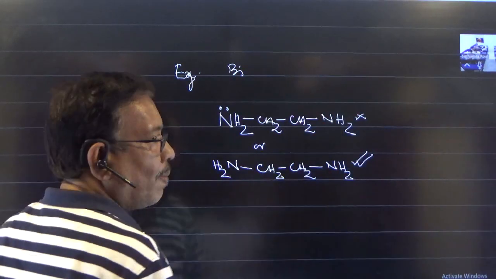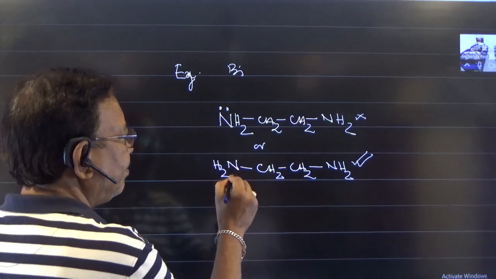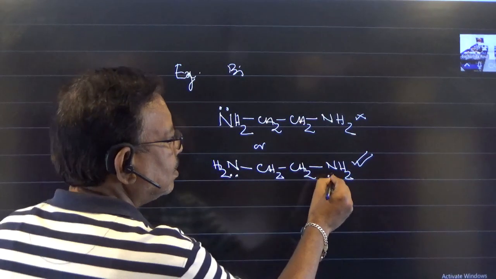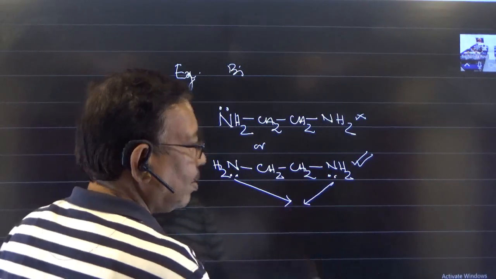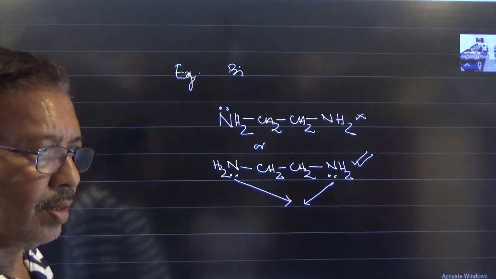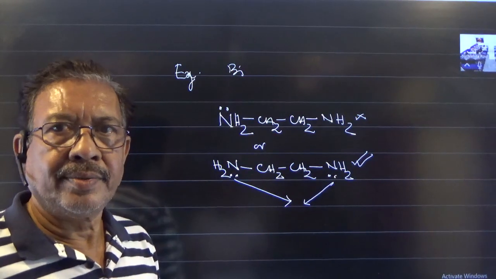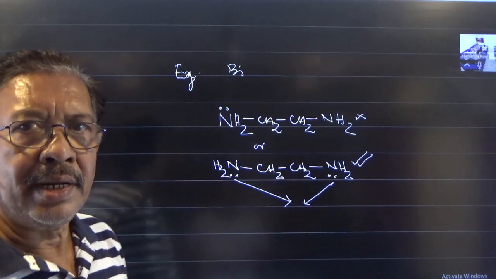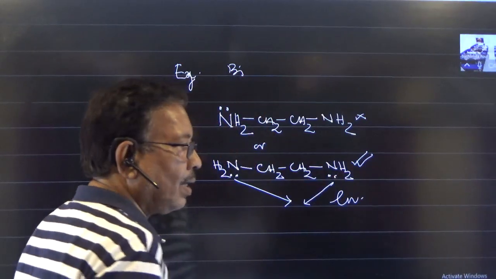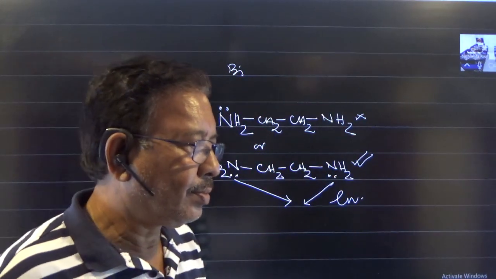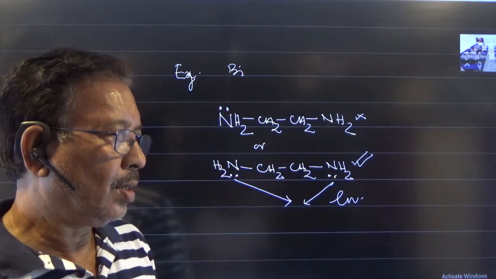The first one is the wrong method of writing, because N is connected to the carbon. This is your ethylene diamine. The symbol is en. Clear?